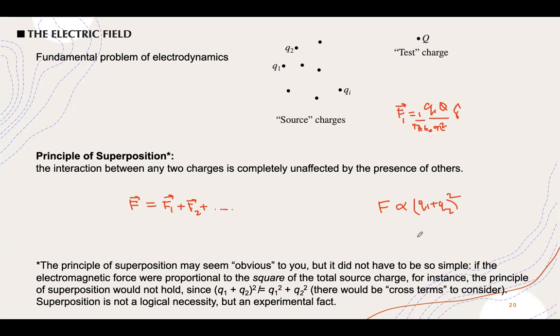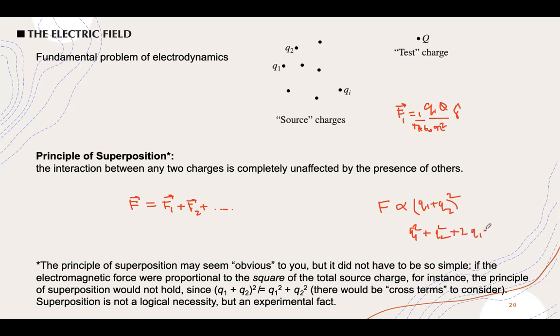The reason is very simple: if you expand Q1 plus Q2 whole square, it is going to give you an interference term. This is something like A plus B whole square, so you have Q1 square plus Q2 square plus 2 Q1 Q2.